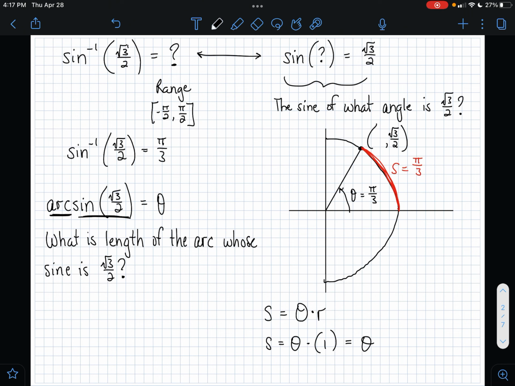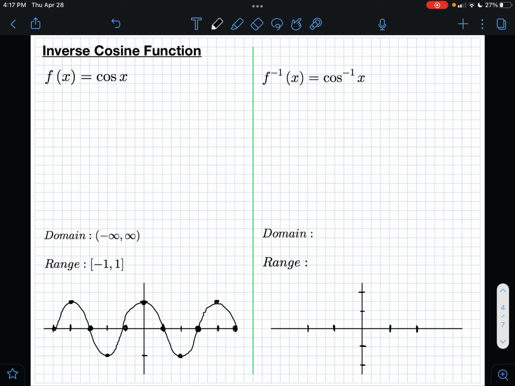Now, each of the other inverse trig functions has an arc notation as well, and they all work on very similar principles, although the domain restrictions are a little bit different. So let's skip over to inverse cosine here. Now, the cosine function is very similar to the sine function, except that it is shifted over a little bit.